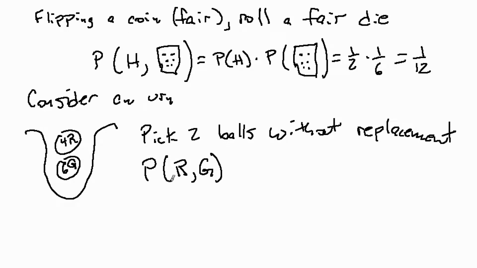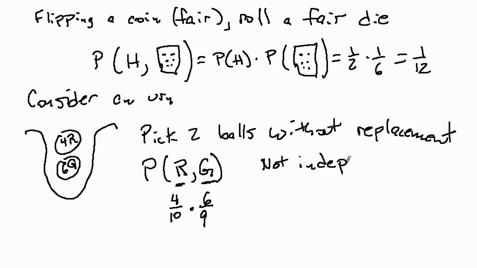Now we realize at this point that the probabilities change. The probability of a red is going to be 4/10. But then the probability of a gray ball, well, now there are only 9 balls left in there. It's going to be 6/9. Remember, originally the probability of a gray would be 6/10, but now this probability is very dependent upon what happened in this event here. So these are not independent.